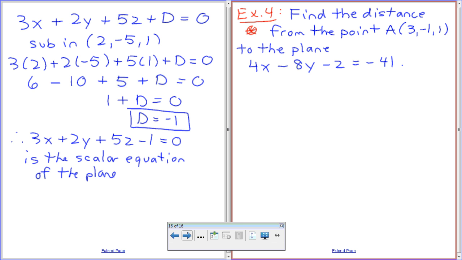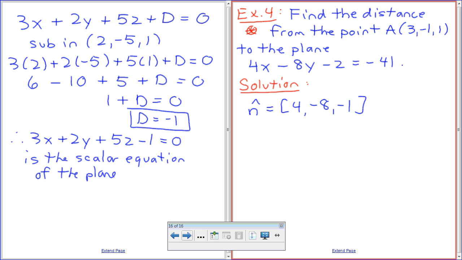So what's my normal here going to be? Actually, let's go back to Spider-Man here, if we can. I don't remember where we're at, so now we'll play the rule. We don't have to raise your hand once. Chris, this is your chance. What is my normal going to be? So 4, negative 8, negative 1.